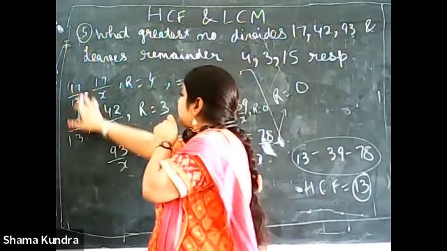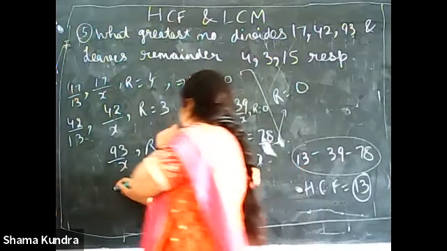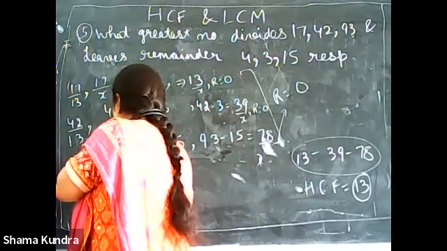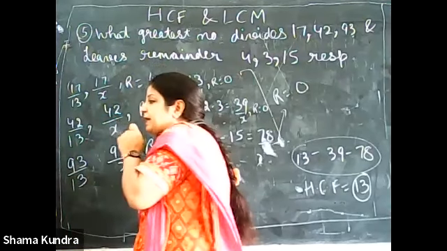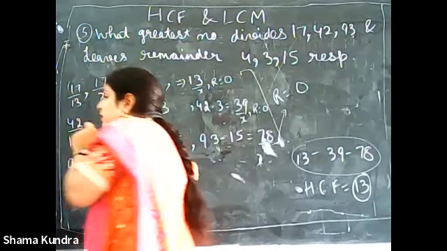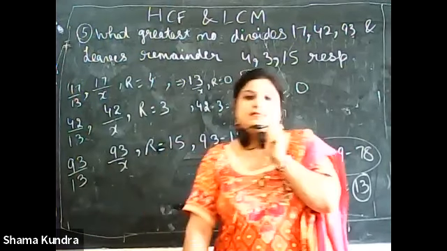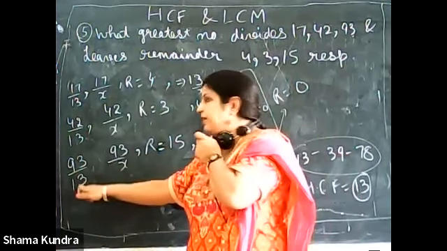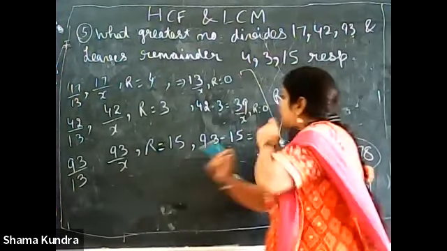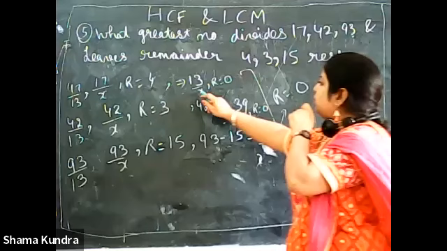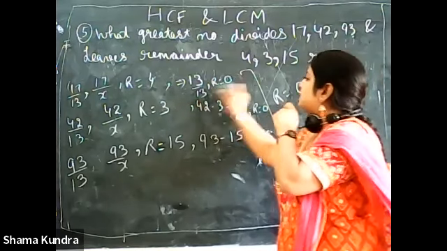13 ones are 13, remainder is 4. When you divide 93 by 13, 13 into 6 is 78, and the remainder will be 15. Now when you divide 13 by 13, the remainder is 0.